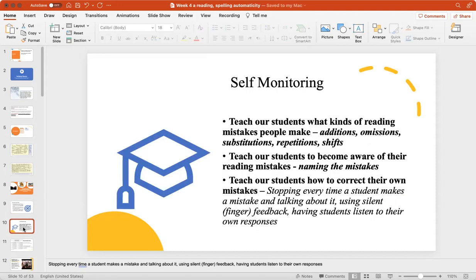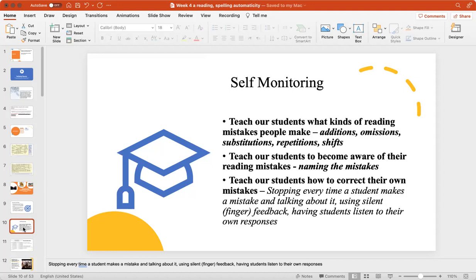The other element that's part of teaching fluency is teaching our students to self-monitor. And there's specific steps in this, and we're going to work with them. And I'd like you to work with your students about them. So one of the first steps is to teach them about the kinds of mistakes that all people in the universe make when reading. And you know these already, and they should sound familiar.